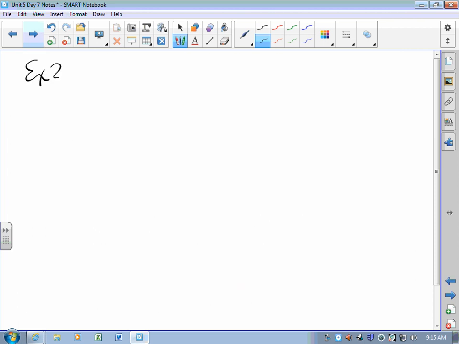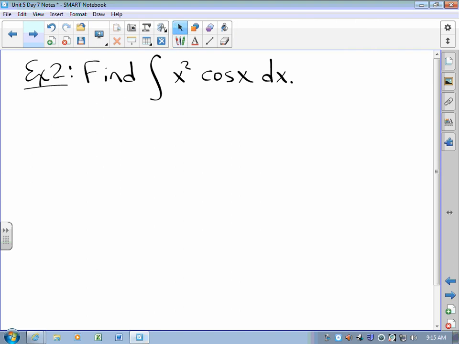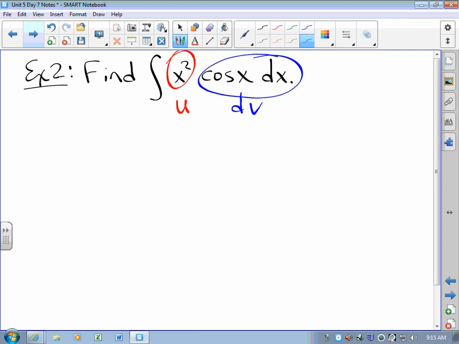Permit me to demonstrate one more time. Integral of x squared cosine x dx. If we were to do integration by parts, we would let the u be the x squared, and the rest of it would be dv, and we'd take a derivative of the u so that we could do the integration by parts.